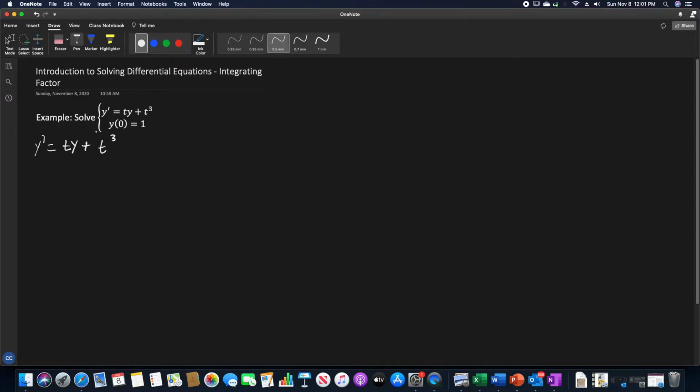In order for us to use the integrating factor, we need to move this ty to the left. So we have y prime minus ty is equal to t cubed. So for the integrating factor, I'm going to write this up here.